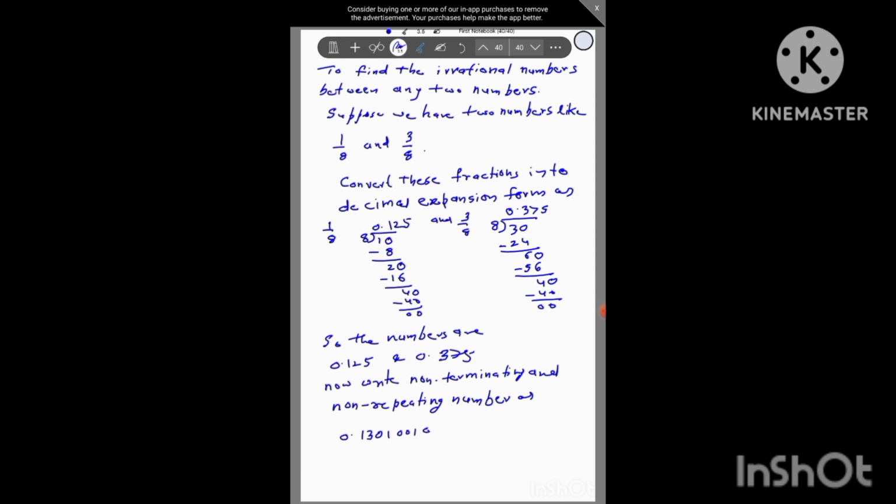So 0.130, 001, 3001, 4001, anything you write. The number should not be repeating, as we have seen in the rational numbers. The second number is 0.230, and this number lies between 0.125 and 0.375. So 0.3512, say, any number you can write. The block should not be repeated. These are called irrational numbers. And try different examples.